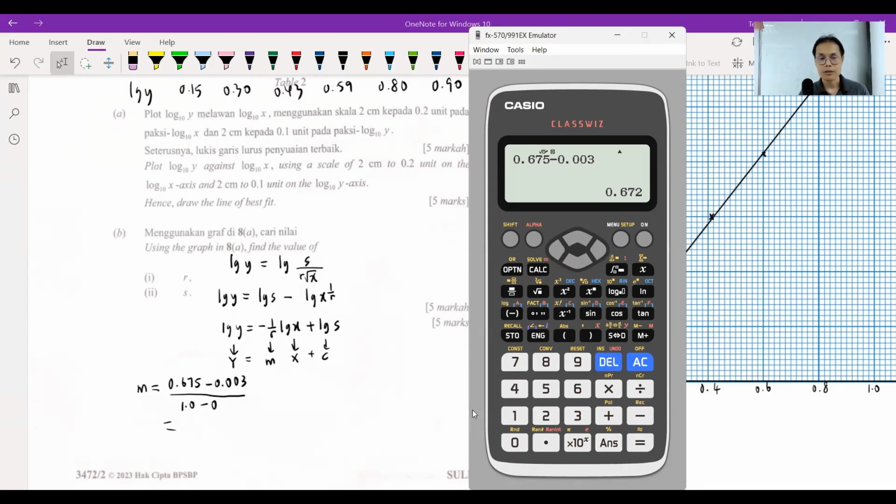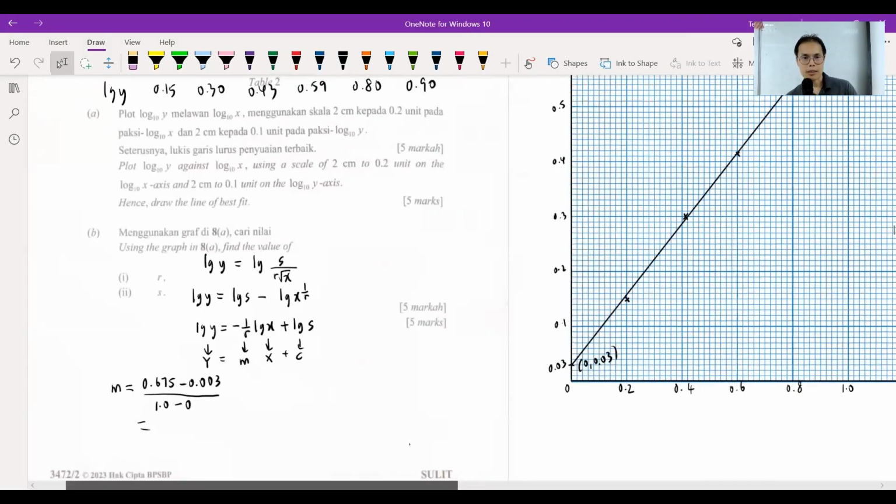Yeah, this will be divided by 1. Actually, divided by 1, you get 0.67. Okay, I'm thinking, maybe I should use 0.0. I supposed to get 0.65. This is closer.